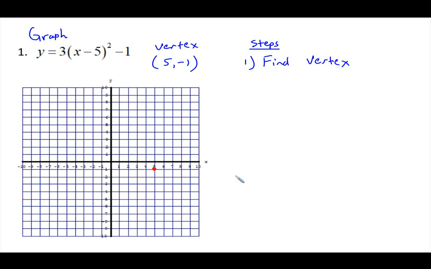The next thing, step 2, you want to find one other point to the right and to the left of the vertex, okay? And the easiest way to do that is to use the a value.